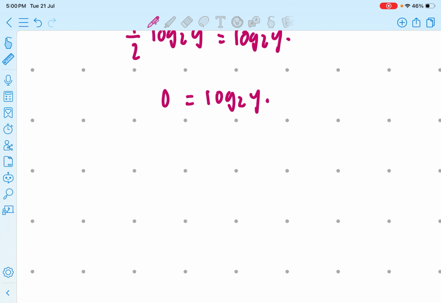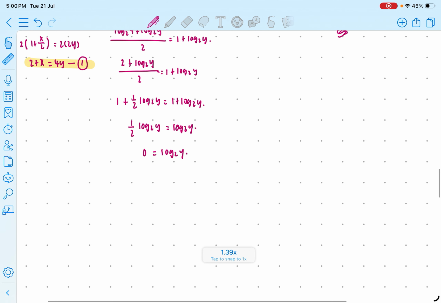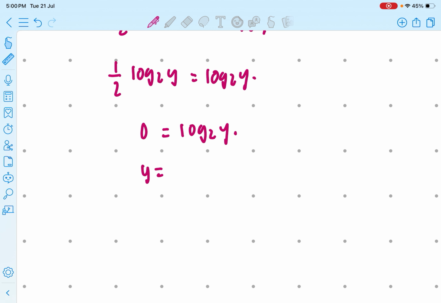So we leave y here, and log base 2 of y equals 0 means y equals 2 to the power 0.